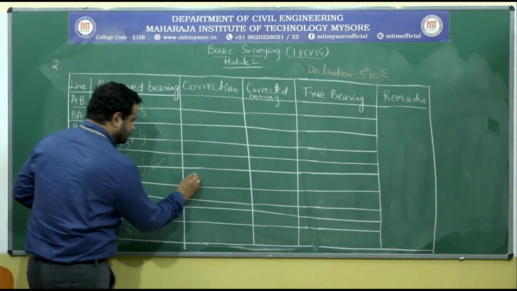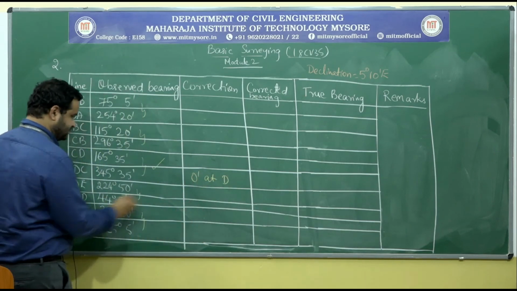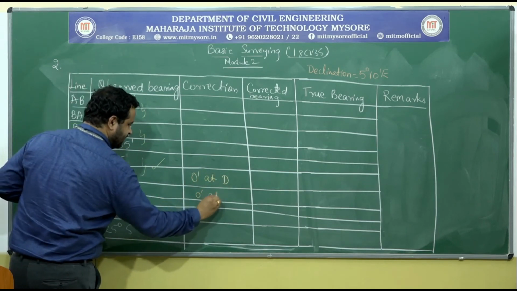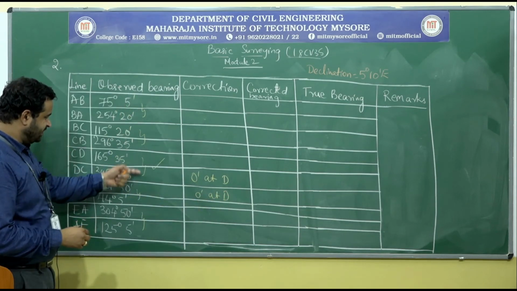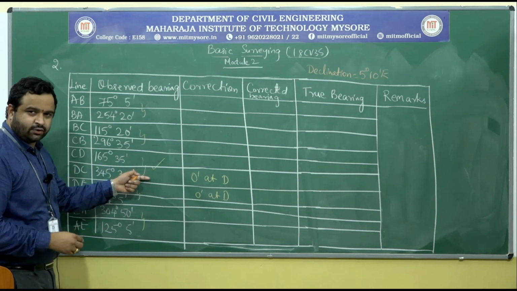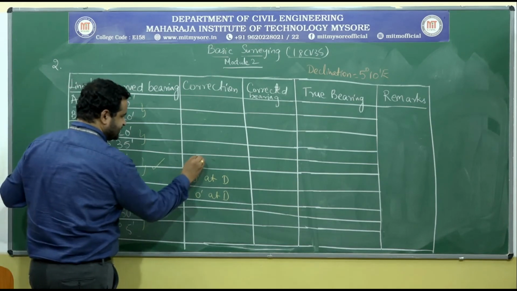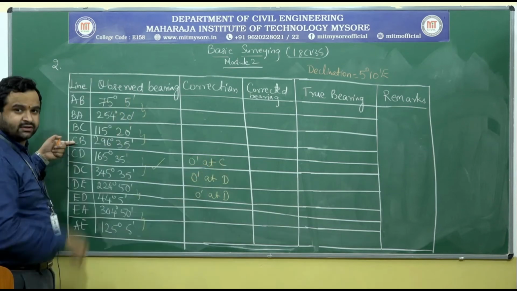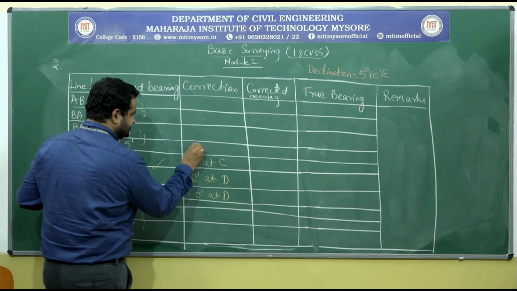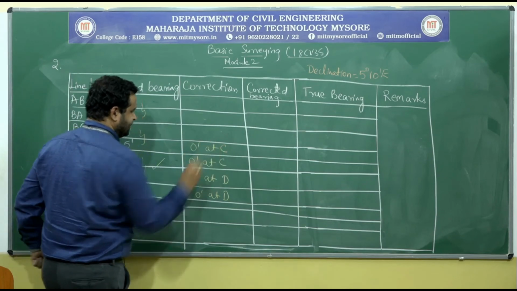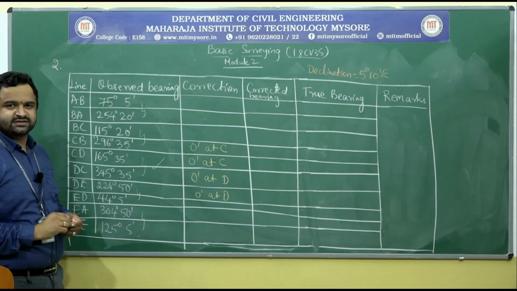So, 0 minutes at D. Similarly, since the difference you obtained here is exactly equal to 180 degrees, we can say station C is also having 0 minutes correction. CB is also the bearing measured from C. So, we can write 0 minutes at C. This is by just inspecting the differences.